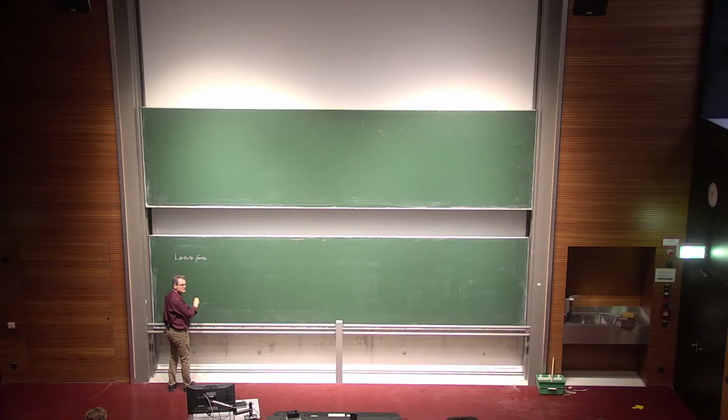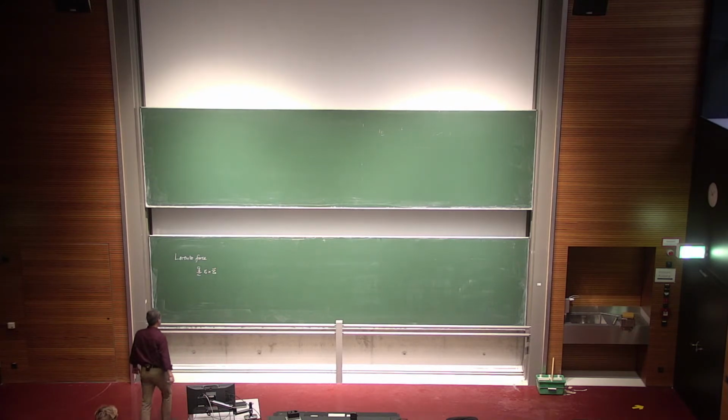How would you go on? I have 1 over c here because of our choice of units. Sorry, my choice of units. But that's the magnetic part of the Lorentz force.